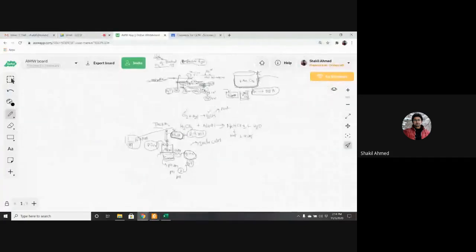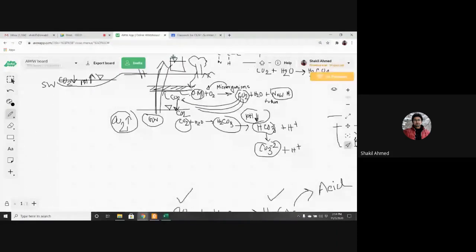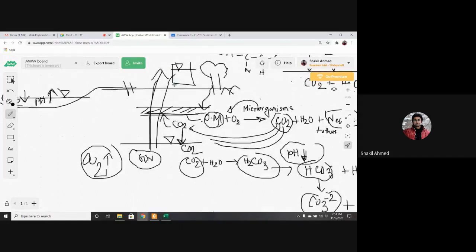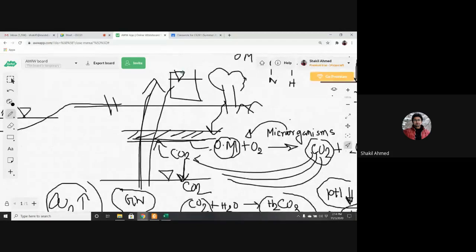For example, if you are bringing a sample from groundwater, you're extracting the groundwater, and this is a sample. Now remember, carbon dioxide was under pressure in the groundwater, but here you have brought it outside, and there is no pressure like this one.